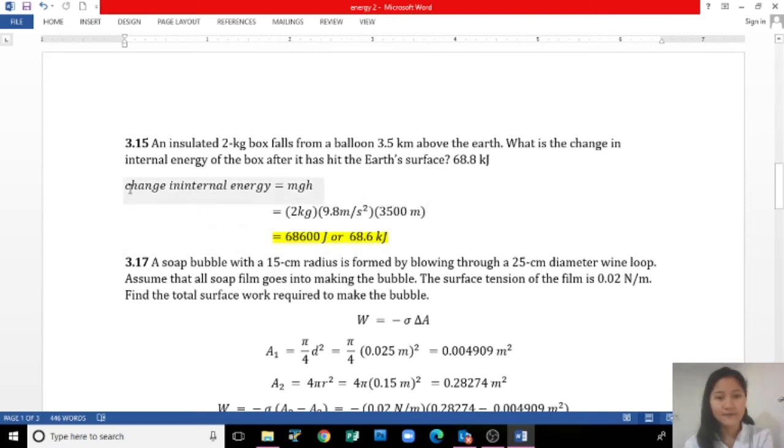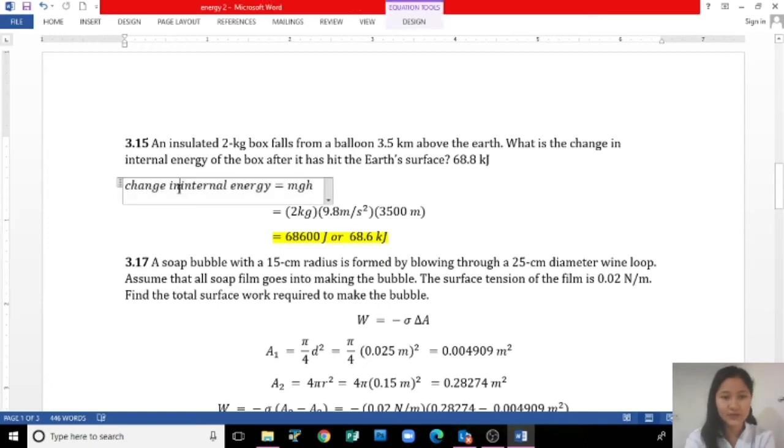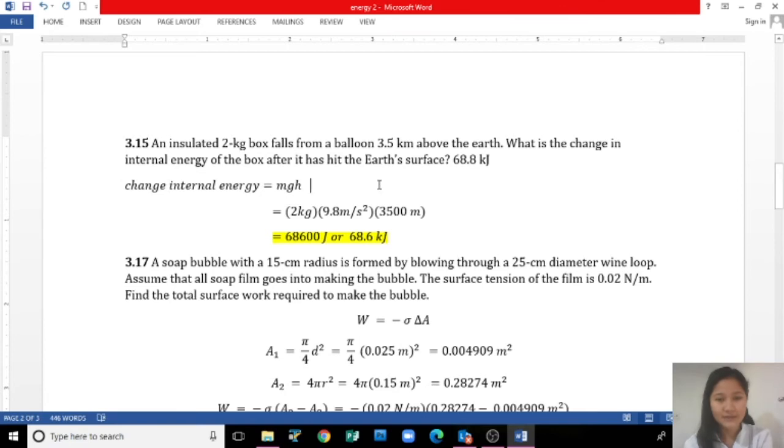So the formula for finding the change in internal energy is equal to mgh, or the mass times the gravitational acceleration times the height. So from the problem, the givens are the mass, which is 2 kg, multiplied by the gravitational acceleration, which is equal to 9.8 meters per second squared, and multiplied by the height, which is equal to 3.5 kilometers, or 3,500 meters.